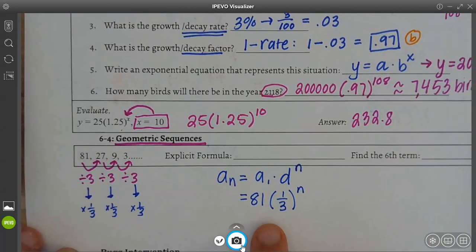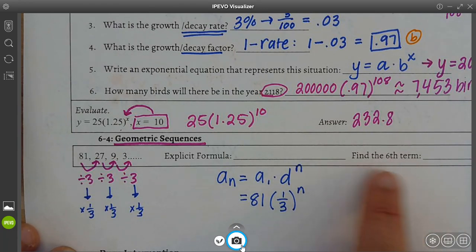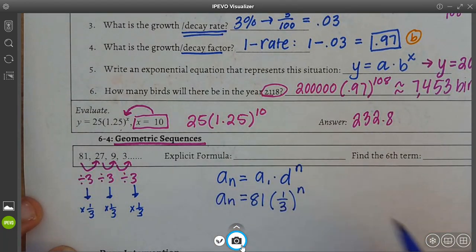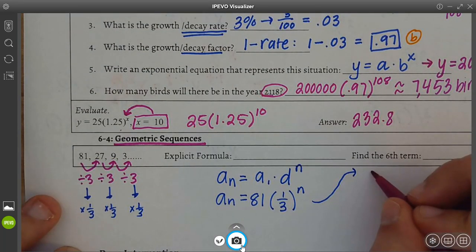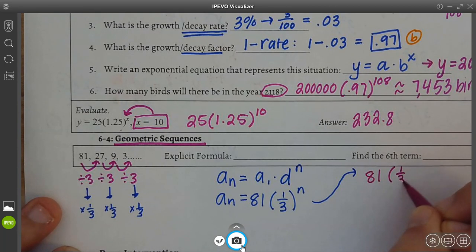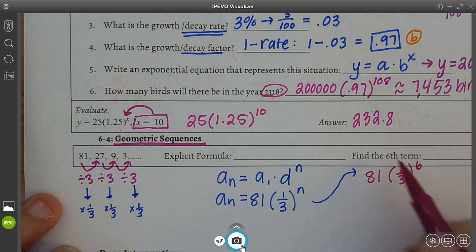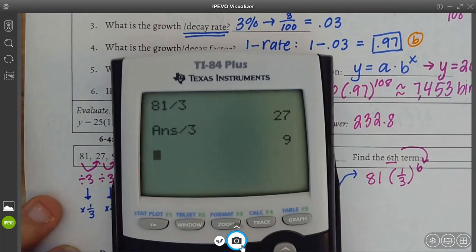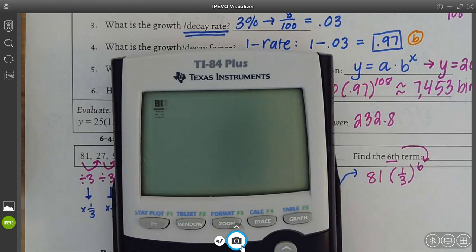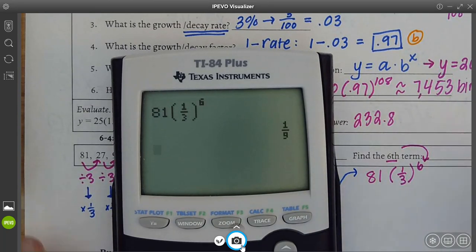This equation is going to help me find any term that I care about. We call this the explicit formula, and we can use it in our problem to find the sixth term. What that means is I'm just going to take 81 times 1/3, and I'm going to raise that to the sixth power. So the 6 gets plugged into my exponent this time. And I'm going to use my calculator here. 81 times 1/3 to the sixth power. So my answer is 1/9.